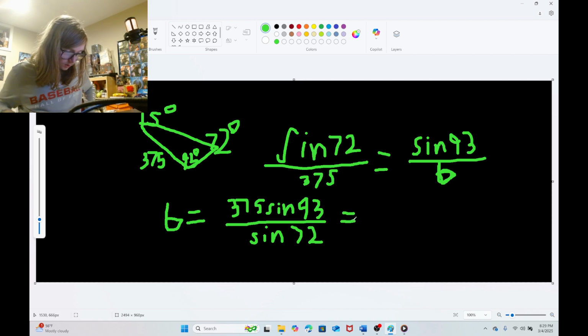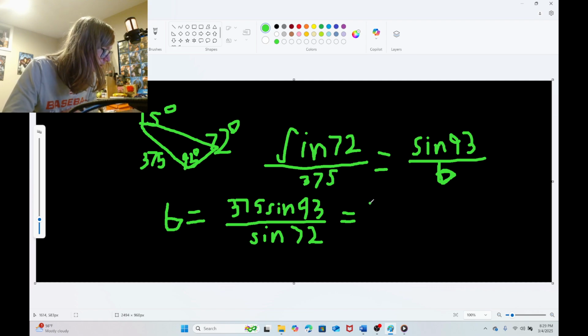What does it say? Round side length to the nearest tenth, angle measures to the nearest degree. So for side lengths rounded to the nearest tenth, it's going to be 393.8, approximately.